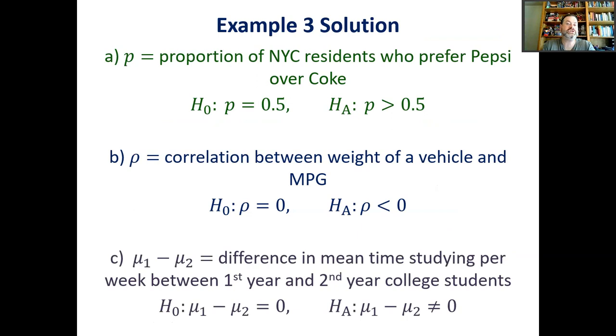I wish I had time to show you every combination of parameters and alternative hypotheses. It would take hours. So here we saw 3 different parameters, 3 different alternative hypotheses, right? We have a greater than, less than, not equal. You have 5 parameters and 3 ways to do the alternative hypothesis.